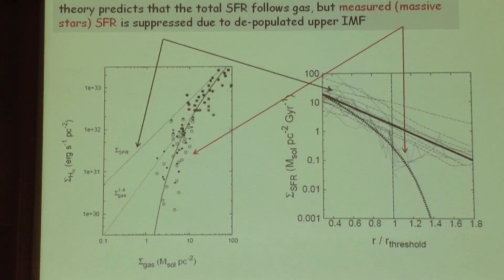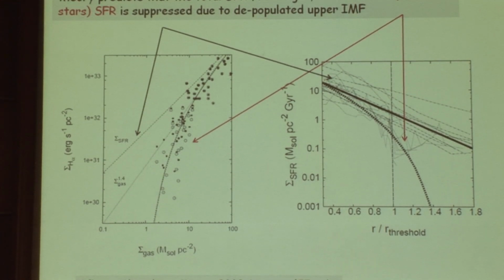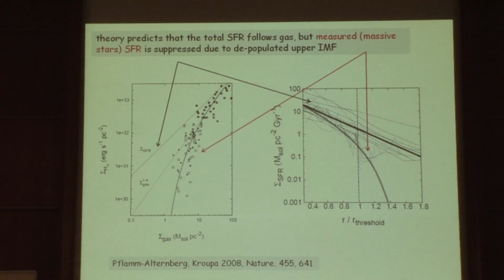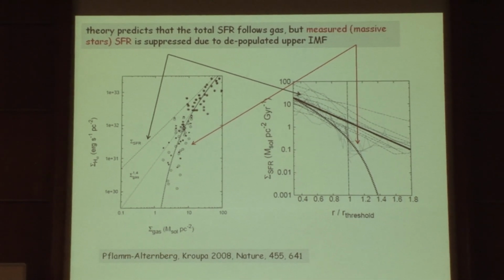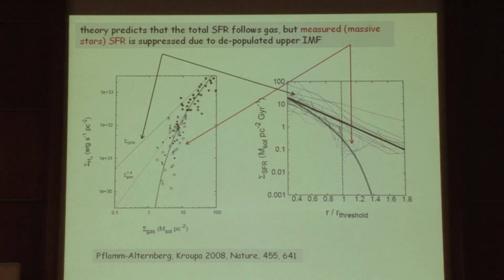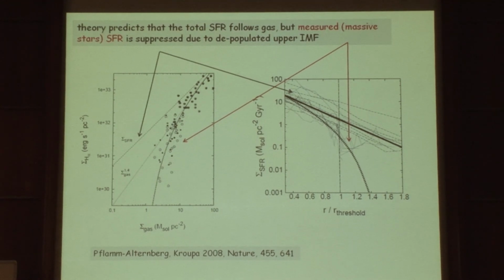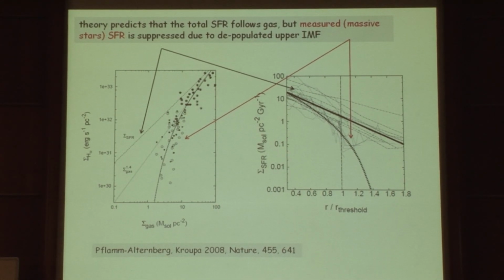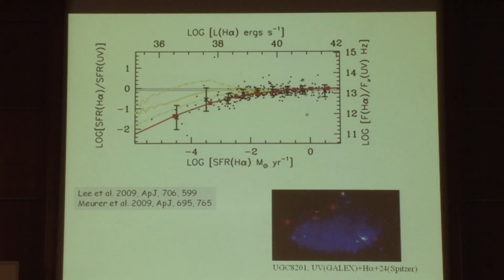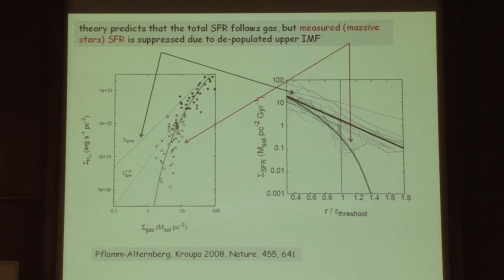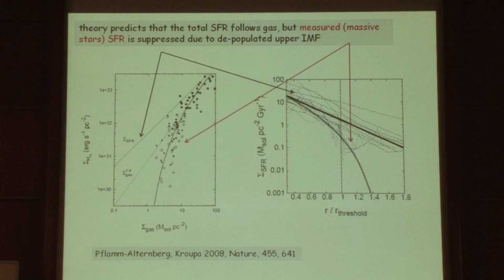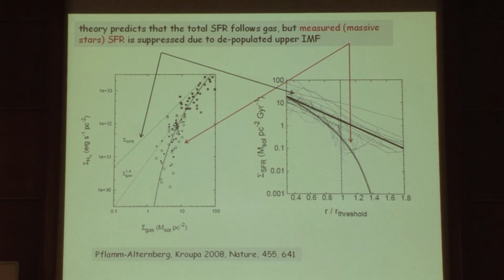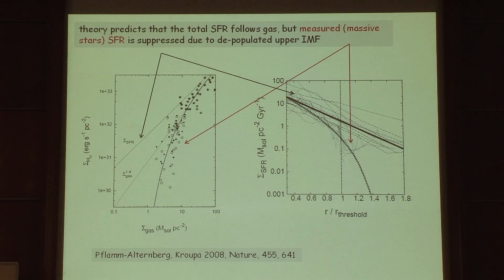Likewise, in other papers, they have argued that the same effect could produce the excess of ultraviolet emission, the properties of the extreme ultraviolet disks. If this IMF depopulation model is correct, you would predict that galaxies should have much smaller diameters in H-alpha than the UV, that the outer disk should be primarily ultraviolet only.